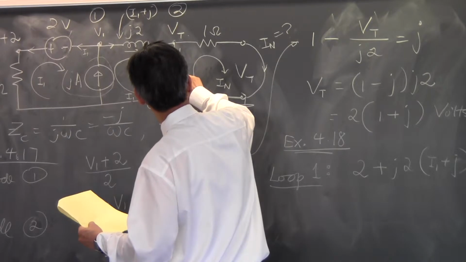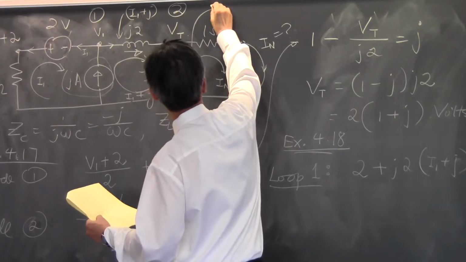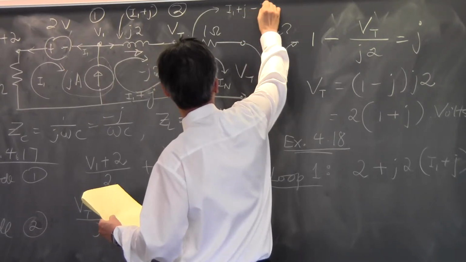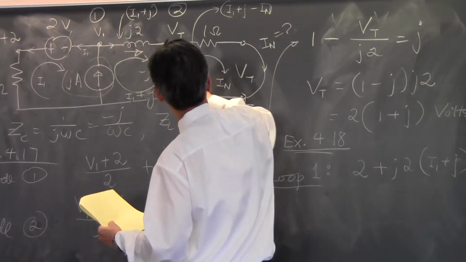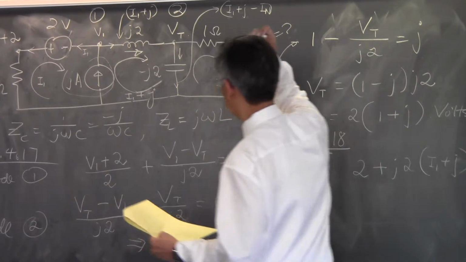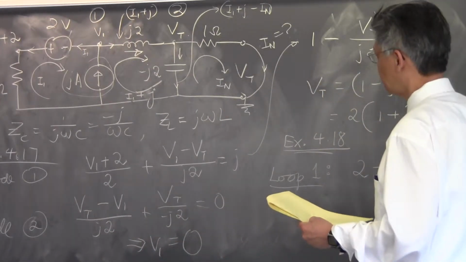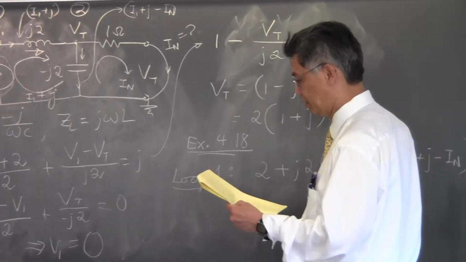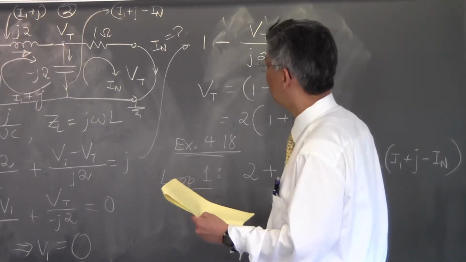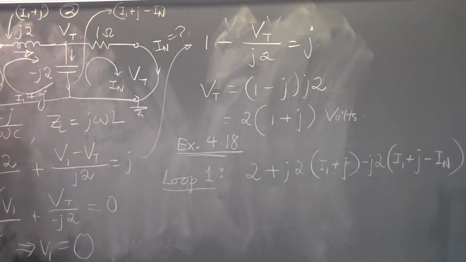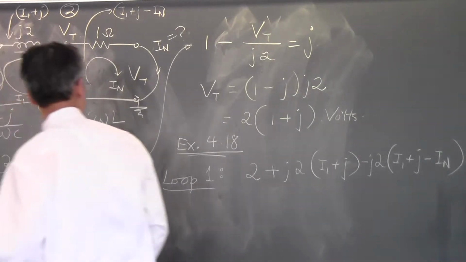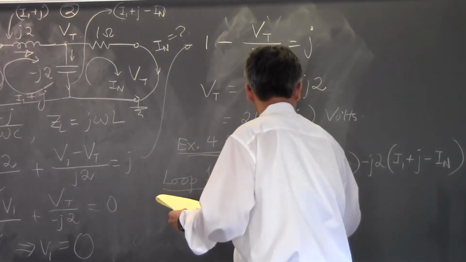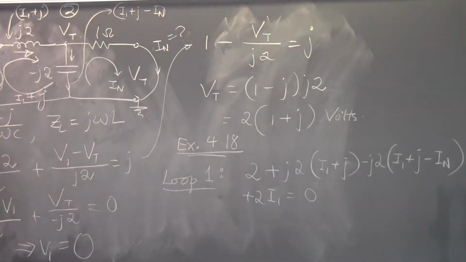That times the impedance is the voltage drop over there. And then finally I have to put in this voltage, which I've not accounted for yet. So I will have 2I1, and adding them together gives me 0.